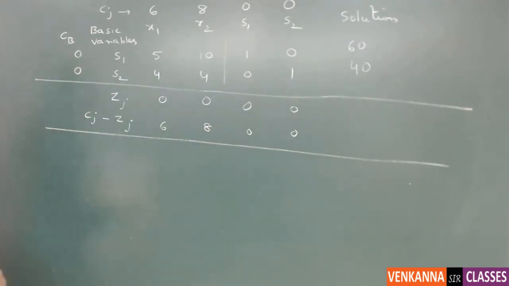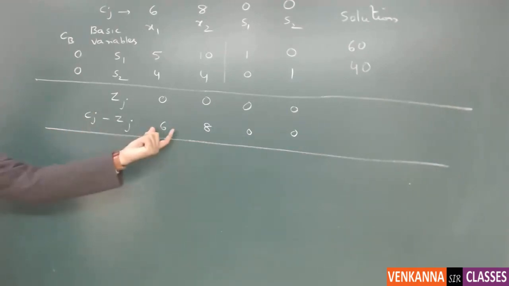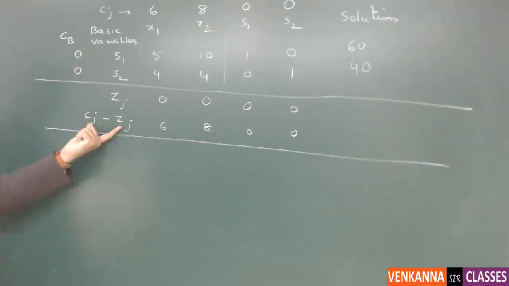Now, please understand that if Z is profit, C means cost. So C minus Z indicates the difference between these two. Accepted? Optimality means we should have the maximum value of Z. It means that the difference between these two, Cj minus Zj, must be minimum, right?